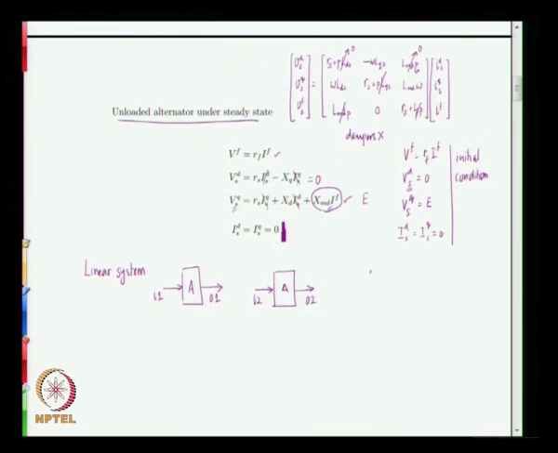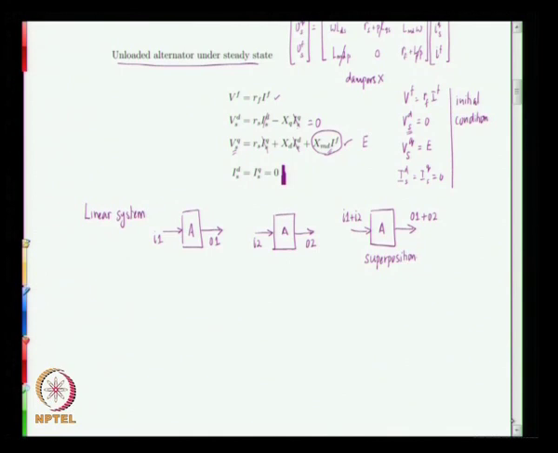Then if you have the linear system A to which you supply an input I1 plus I2, we know from our earlier studies of linear systems that the response must be O1 plus O2. This is usually called the principle of superposition. So that is what we are now going to use for our study of short circuit of the alternator.